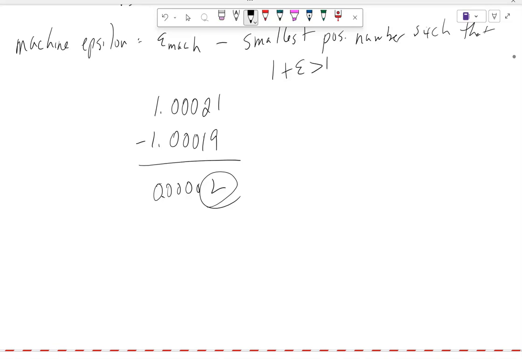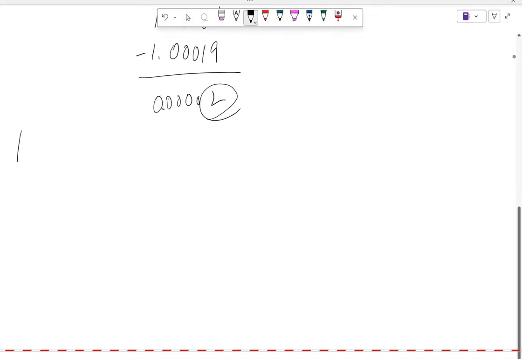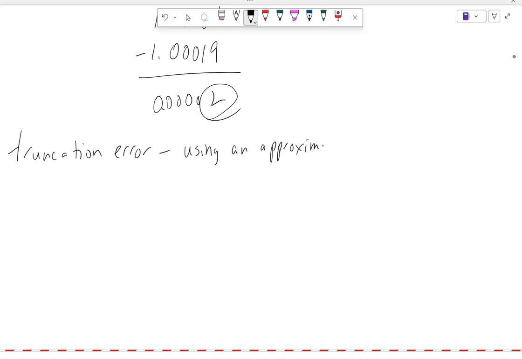There's another kind of error that pops up that's referred to as truncation error. Truncation error comes up with using an approximation for an exact value. It's not due to the representation of the number.